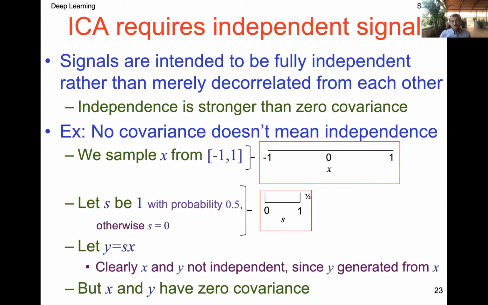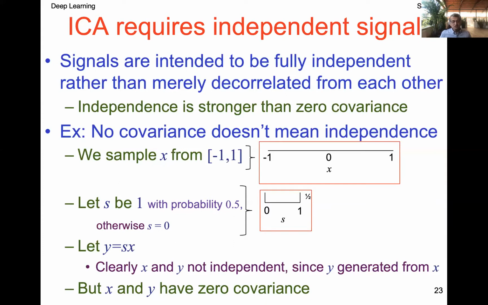So something to keep in mind is independence is stronger than zero covariance. If you have two variables that are not correlated, does it mean they are independent? The answer is no. Independence is stronger than zero covariance.